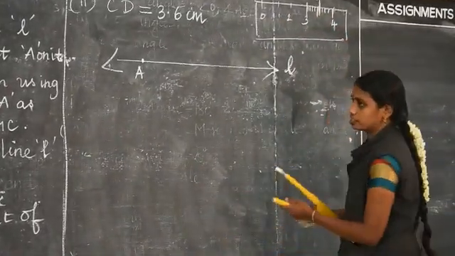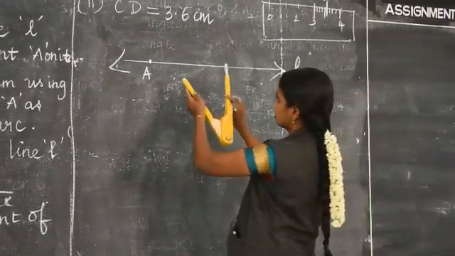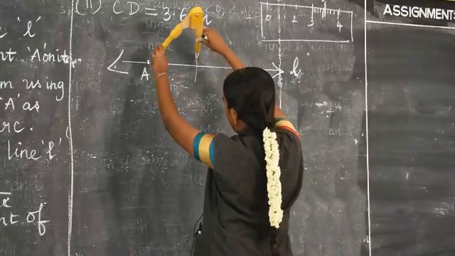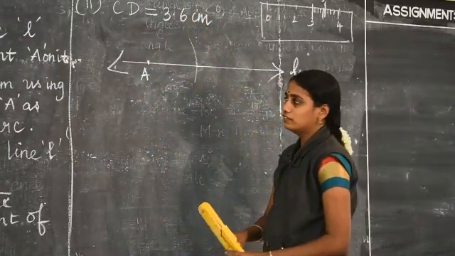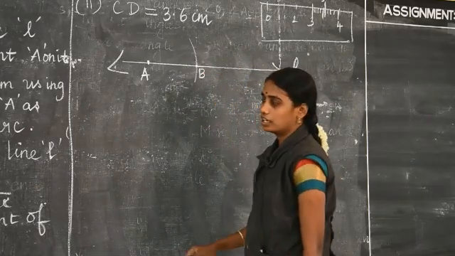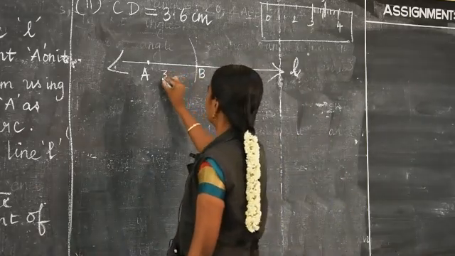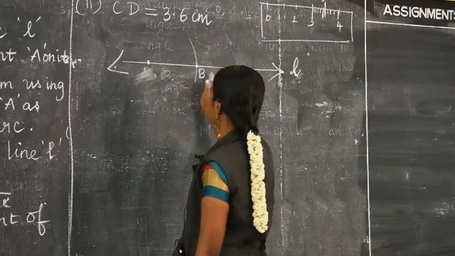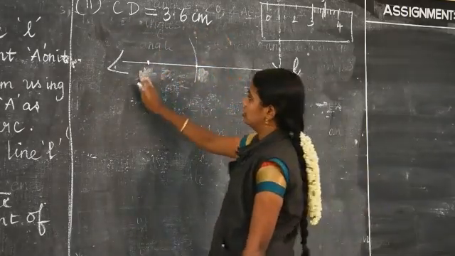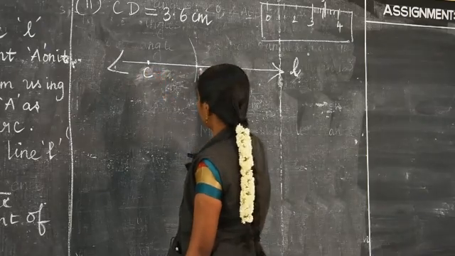Afterwards, from A, draw an arc, where the arc cuts, mark B. Now AB, what is the measurement? Sorry, not AB. Here CD is 3.6 centimeter. Mark a point C, here D.